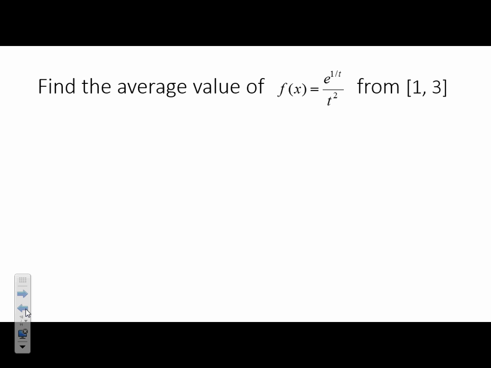1 over b minus a integral of f of x dx from a to b. Yeah. Oh, and why do I have x's and t's all together? I don't know. Just assume those t's are x's, please. I'll fix that. Assume the t's are x's.